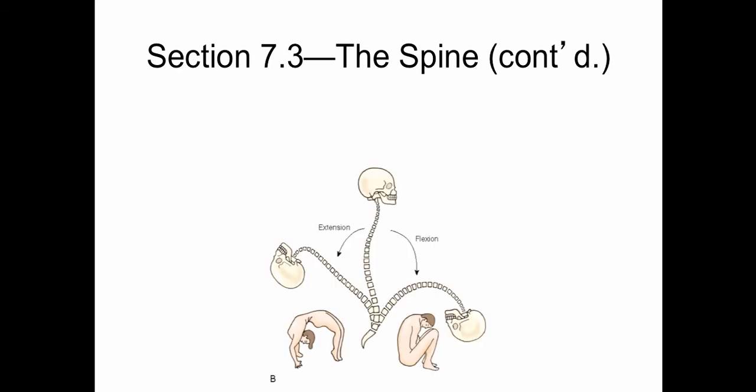The spine must balance structural stability with mobility. Generally, the more stable a joint is, the less it moves. Although each spinal joint usually only allows a small amount of movement, when the movements of all 25 spinal segmental levels are added up, the spine allows a great deal of movement in all three planes.